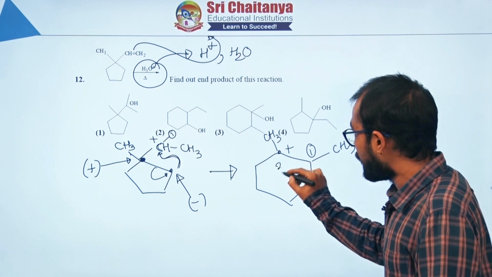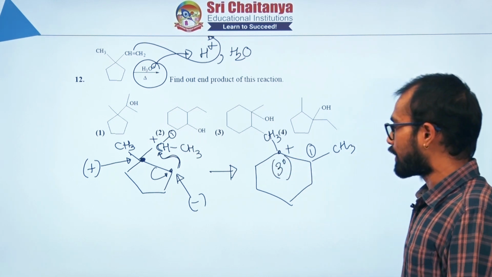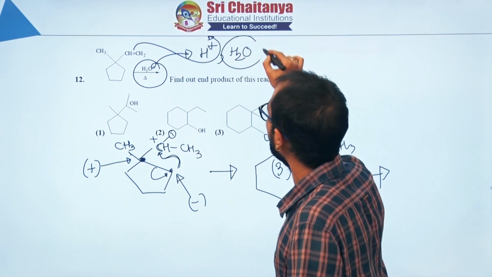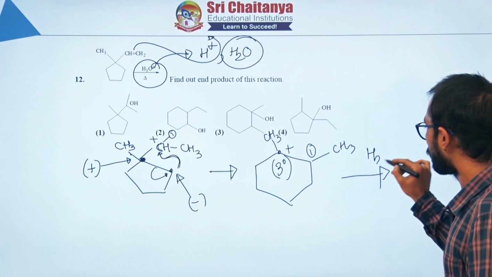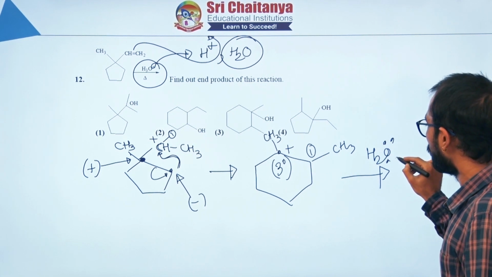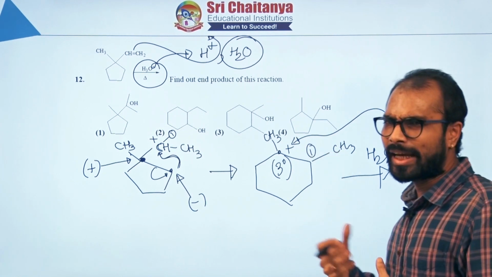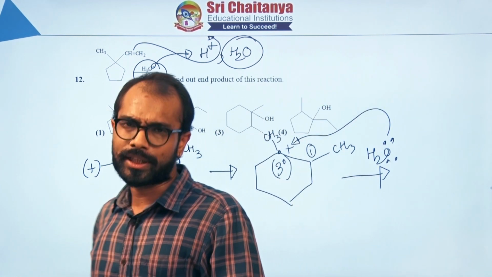Now we have a 3-degree carbocation which is stable, so the next thing will be the attack of the water molecule, which we haven't considered yet. This water molecule's lone pair will attack this positive charge, and ultimately it will get deprotonated to give an OH at this position.